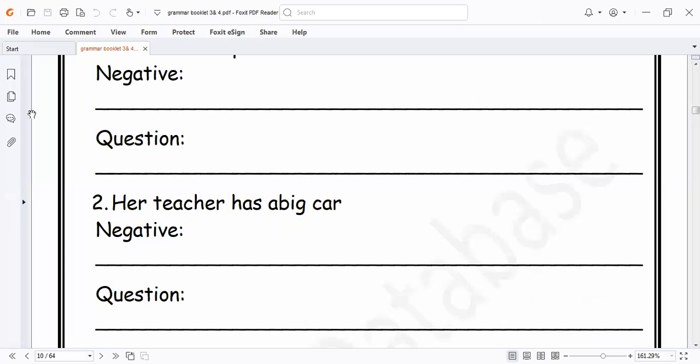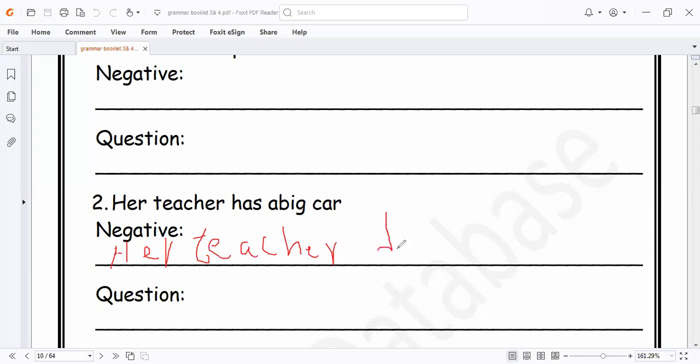What can I do in this case? I say here, her teacher doesn't have.